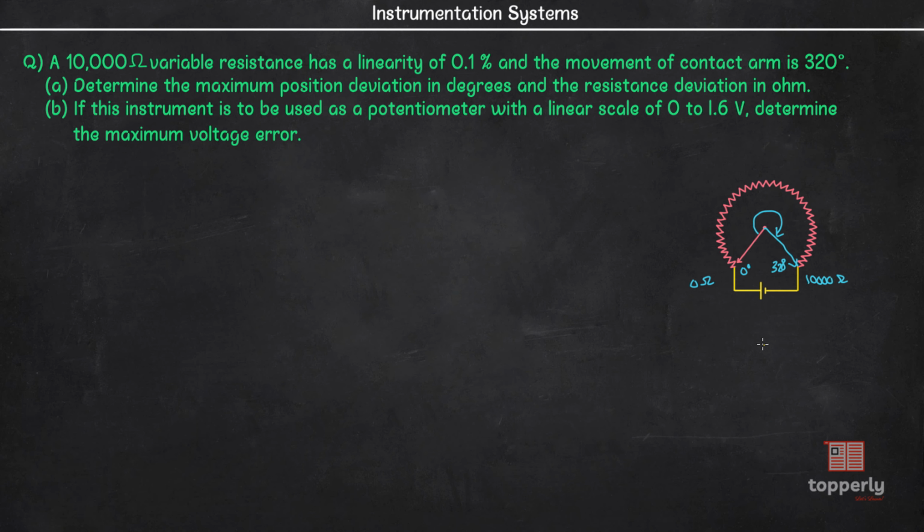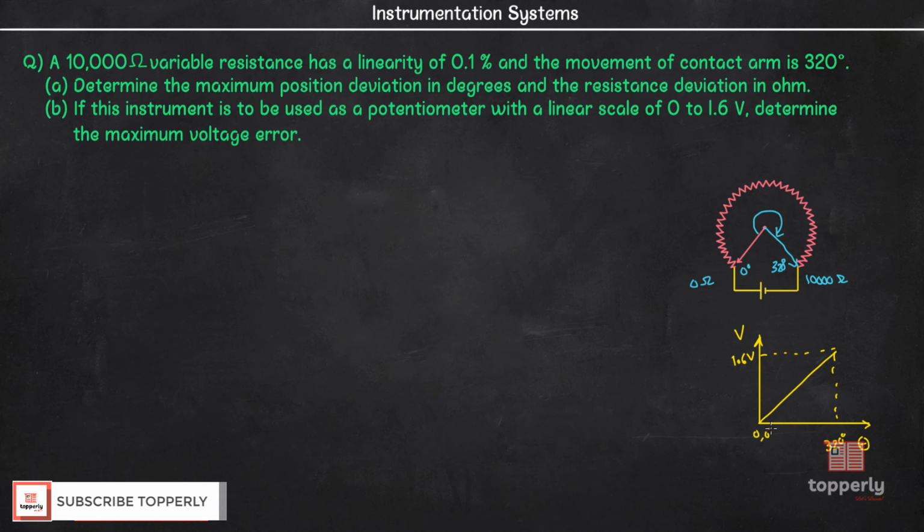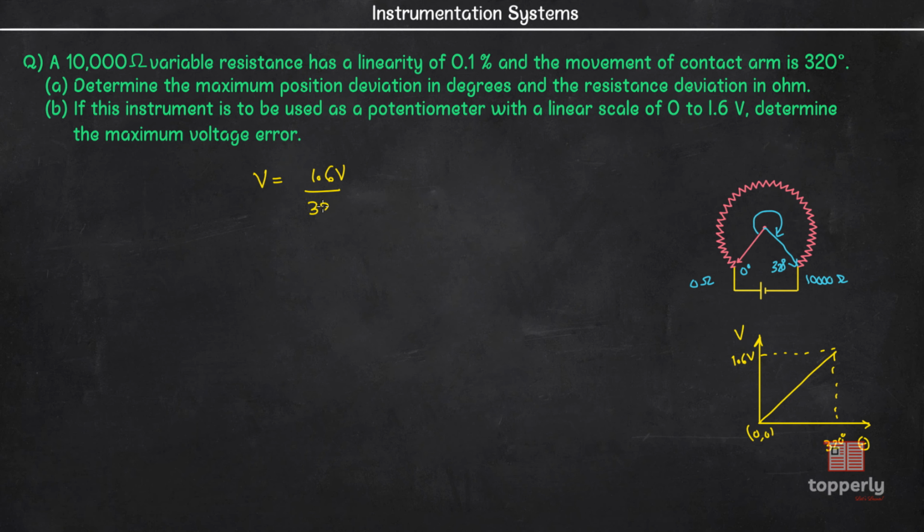It is said that there is a linear relationship between the position in degrees theta and the voltage range 0 to 1.6 volt. So we get a linear scale like this, and 320 degree corresponds to 1.6 volt, and here we have 0, 0. So the voltage and the degrees are related by V is equal to 1.6 volt by 320 degree into degrees.